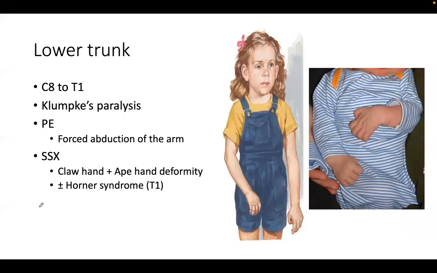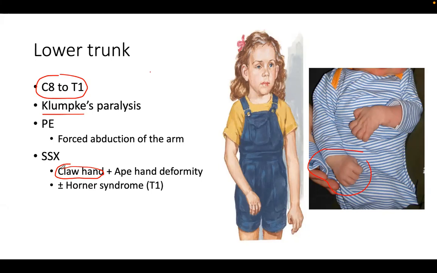Lower trunk injury. This is our last one for this session. Lower trunk injury involves C8, T1. This is known as Klumpke's palsy. There is going to be forced abduction of the arm, like what you see here. There's going to be a claw hand, with a possible concomitant ape hand deformity.